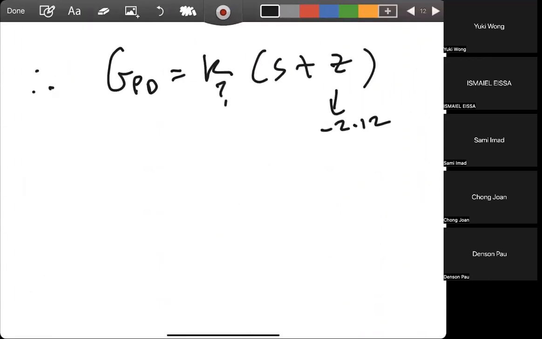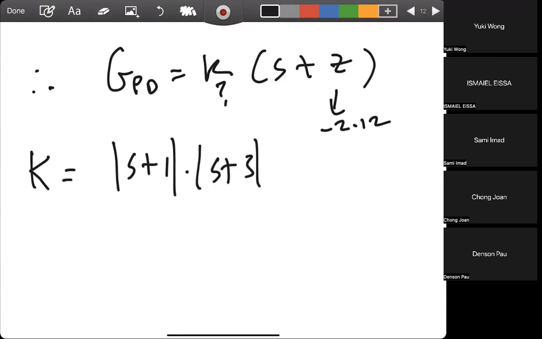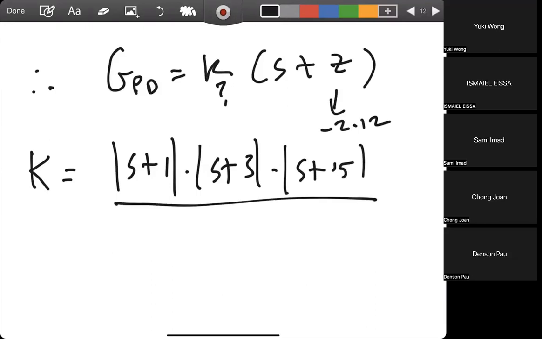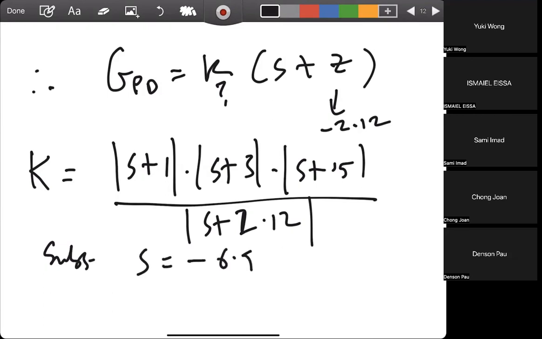But this K we don't know, so we have to calculate the gain K using the magnitude criteria. s plus 2.12. So substitute s with the new dominant pole minus 6.99 plus j9.56.